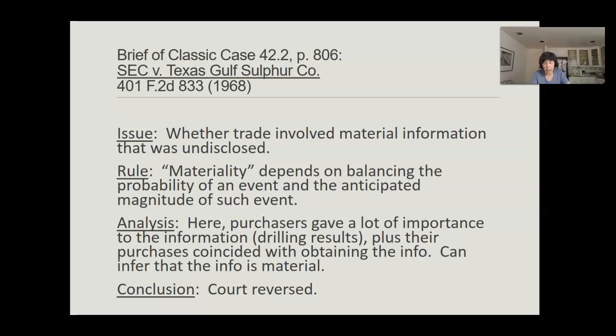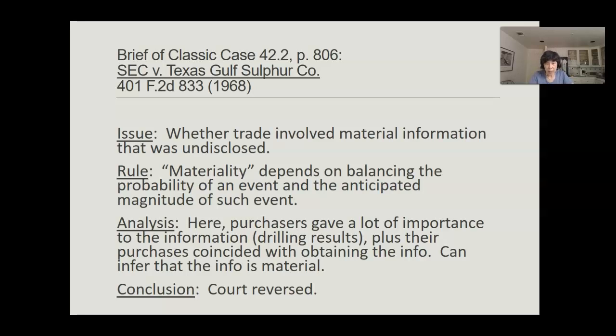So this is a case in which the company Texas Gulf discovered a natural gas deposit. The information was not released to the public right away, but people that worked for Texas Gulf heard about it. These same people at the company invested and bought stock before the information was publicized. The purchasers were caught.